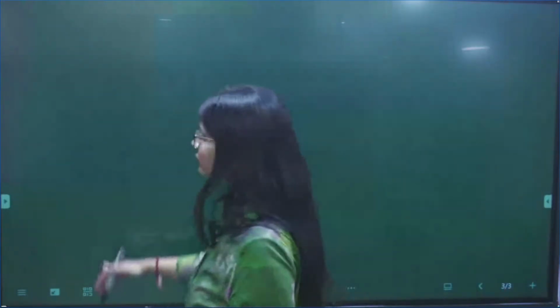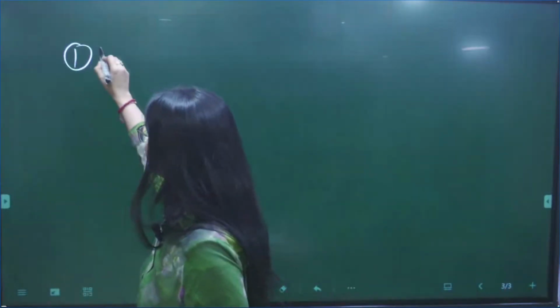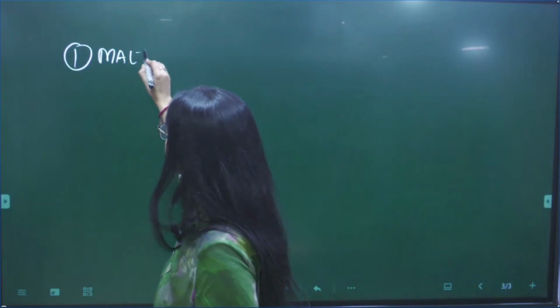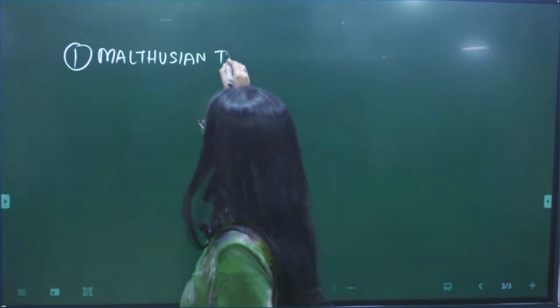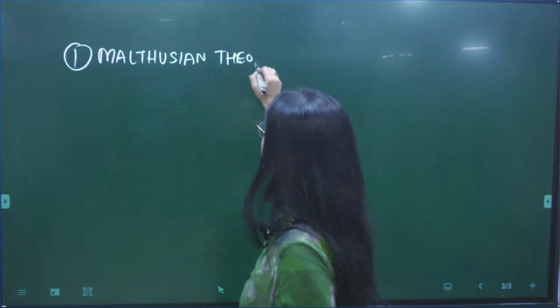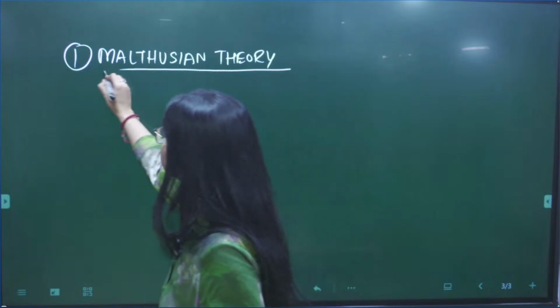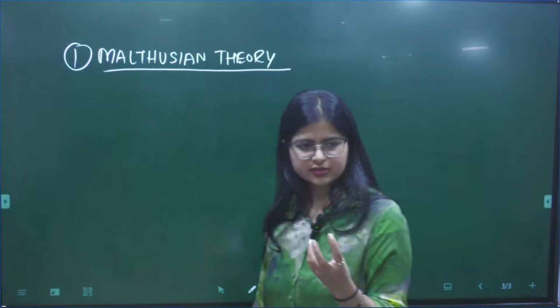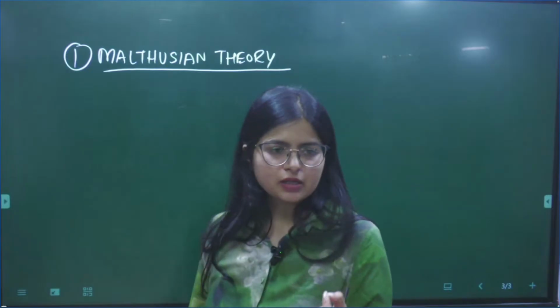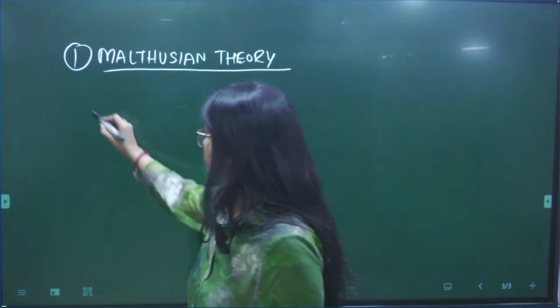So, next that we are going to talk about, I'm just going to give you a brief of what all theories we'll be doing in this. One is your Malthusian. Under this only we will do what? There is a direct question which comes in alternate years, or many times it has come in the geography optional exam: Discuss Malthusian and Neo-Malthusian.